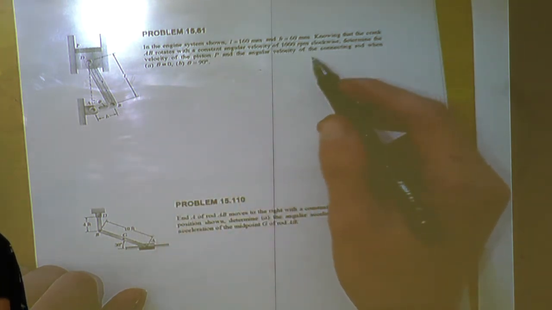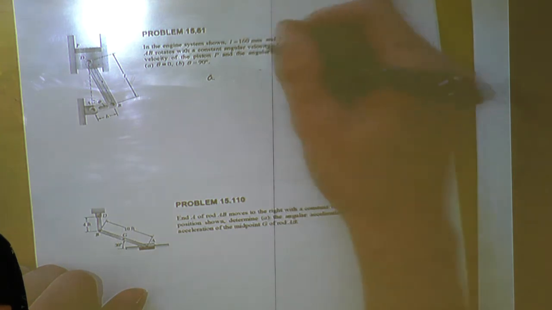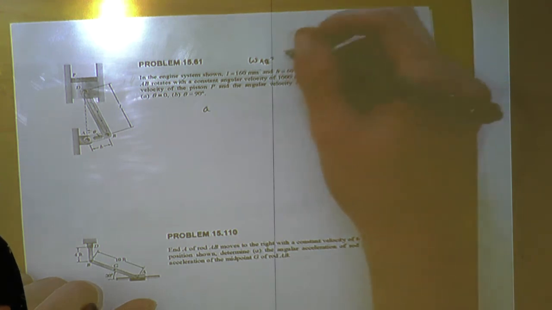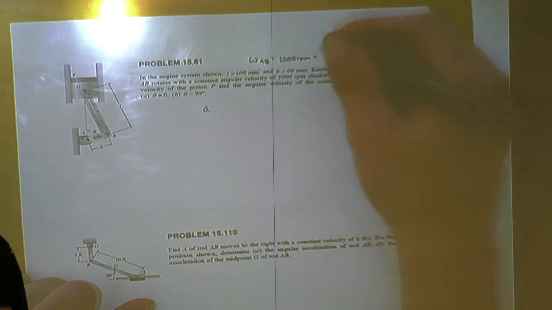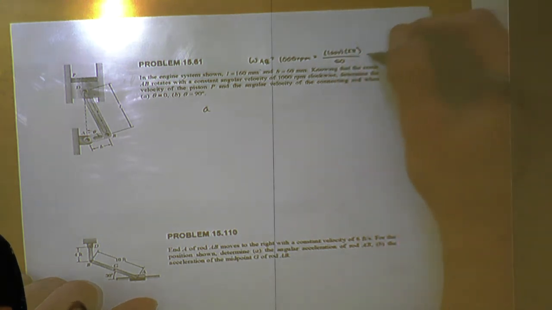So we're going to start by converting the angular velocity. 1,000 RPM is equal to 1,000 times 2 pi over 60, which gives us 104.72 radians per second.